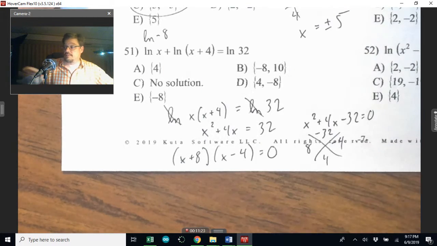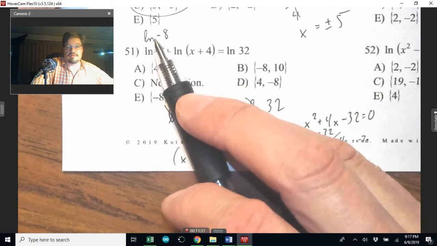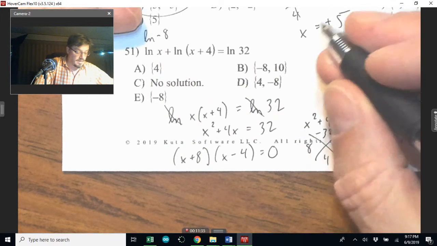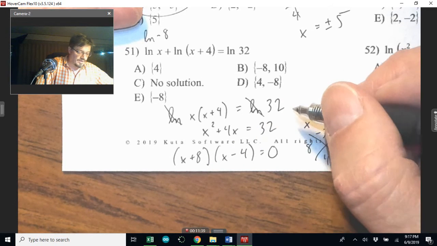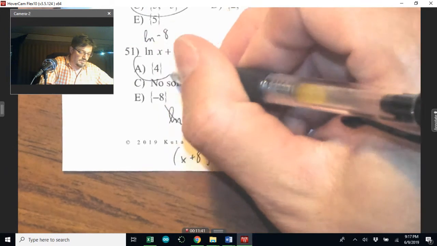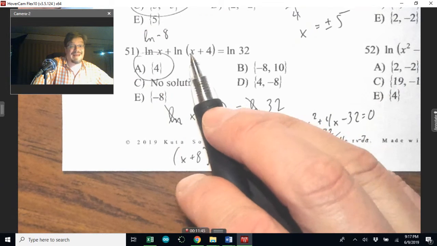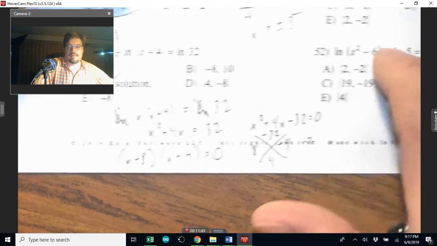So therefore, it's undefined. So that can't happen. So here we have an extraneous solution. All right, so we cannot have negative 8. We can only have a positive 4. When I plug 4 in, no big deal. Plug 4 in, 4 plus 4 is a positive 8, so that's okay. All right, so our final answer is A.